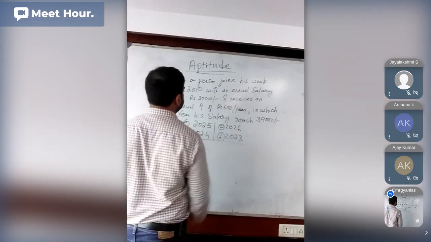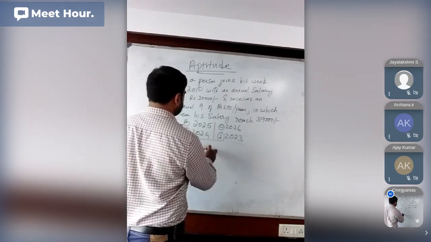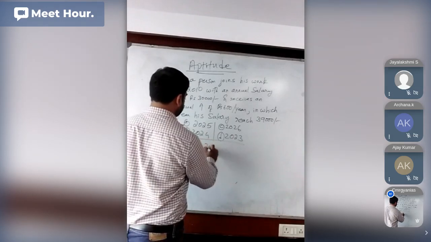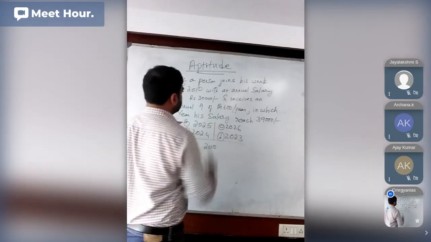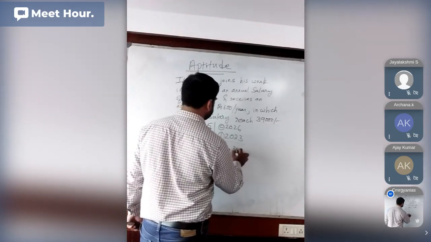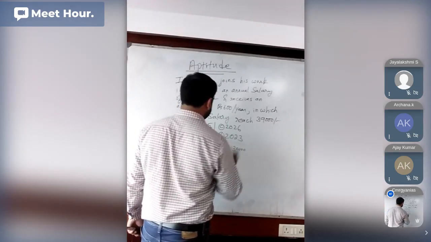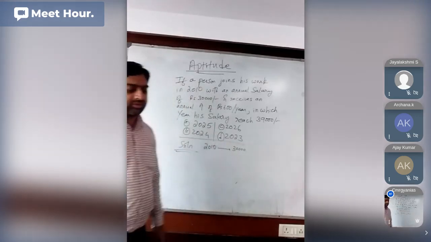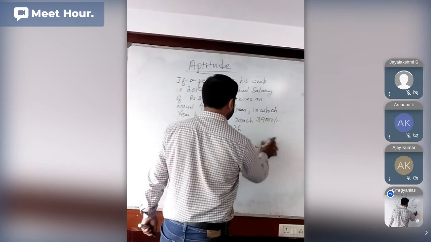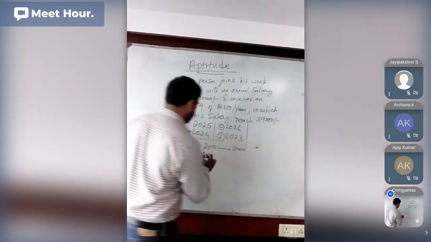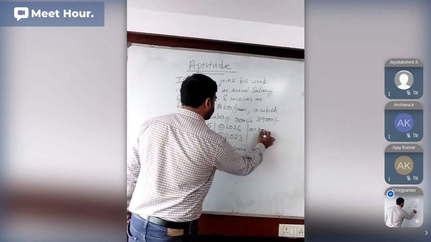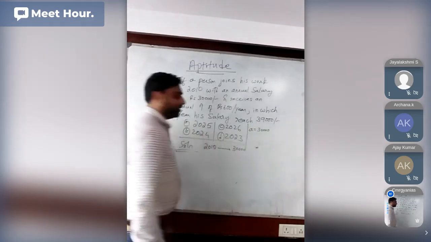The simple thing he is telling: in the year 2010, salary is 30,000 rupees. Now, what is A? Definitely A is equal to 30,000.